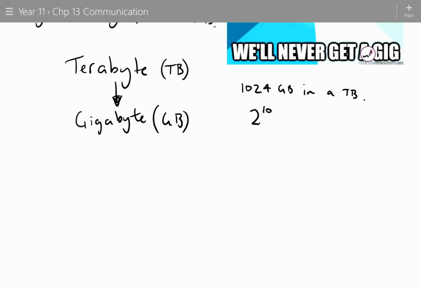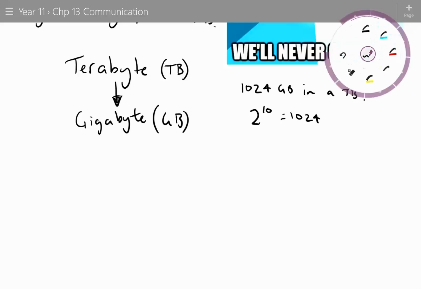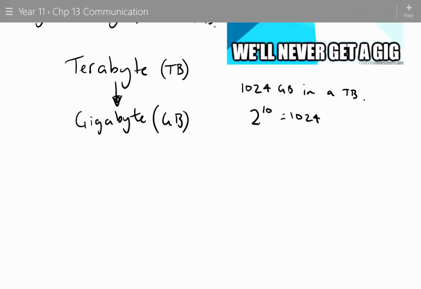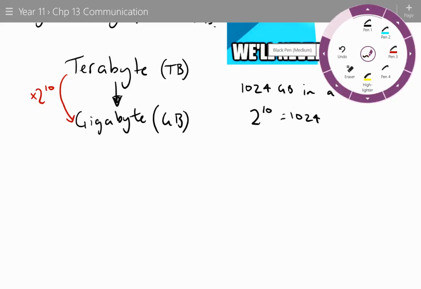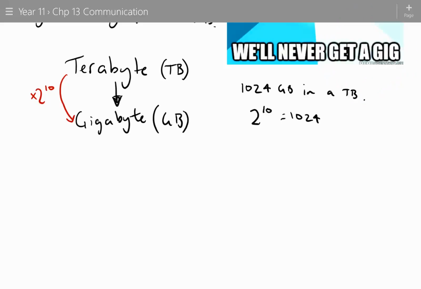Because 2 to the power of 10, if you were to put that in your calculator right now, you would get 1,024. So if I gave you a terabyte and said, tell me how many gigabytes in a terabyte, you would times by 2 to the power of 10. The next one down after gigabyte is megabyte.